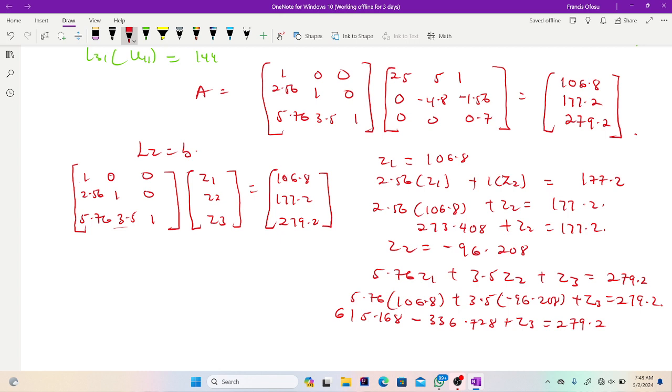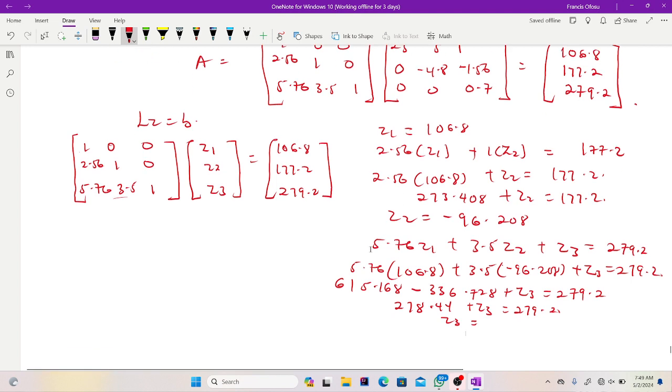I get 615.168 minus 336.728, right? And that is giving me 278.44 plus Z3 is equal to 279.2. So my Z3 is simply equal to 279.2 minus 278.44, right?